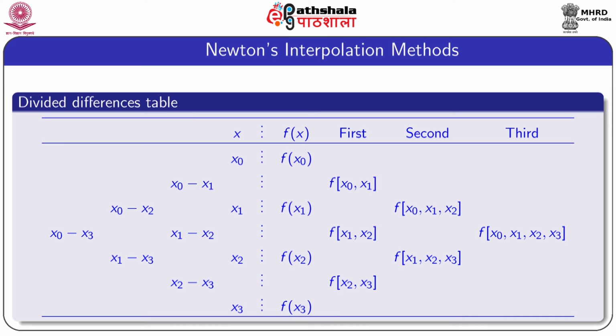The first column of the right hand side represents the values of the function at different arguments, the second column represents the first order divided difference, the third column represents the second order divided difference, and the fourth column represents the third order divided difference. Similarly, in the left hand side, the first column represents the values of x and the other column represents the differences between the arguments.